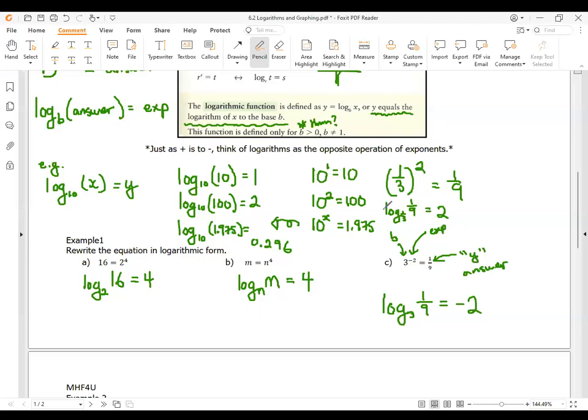That's it. Before we get a chance to do some more complicated things at the end of chapter 6, I need to make sure not only do you see and understand the meaning behind every number, but you're able to go between exponents and logarithms without much brain power.